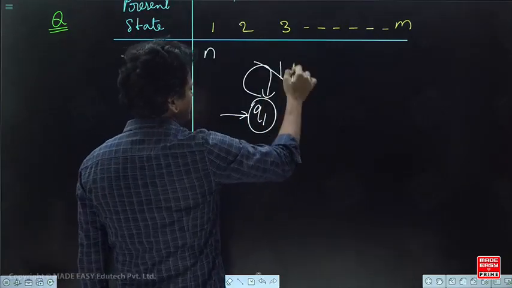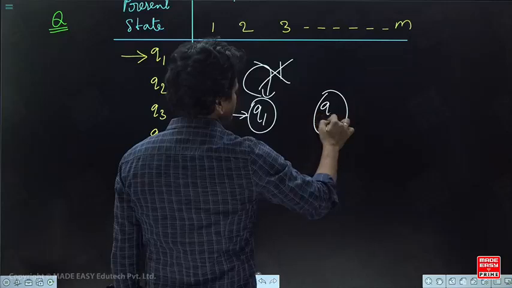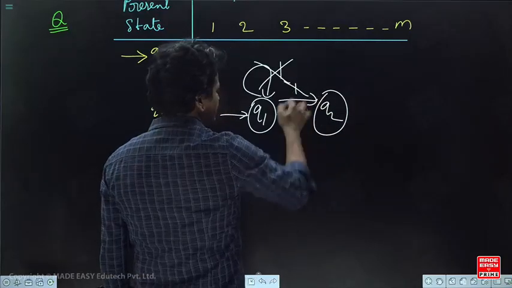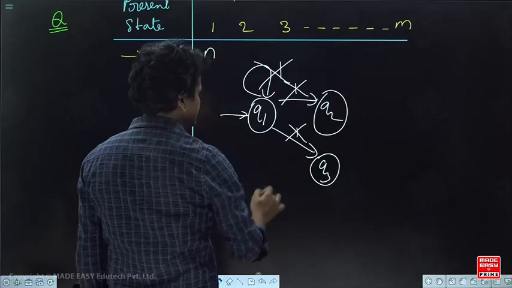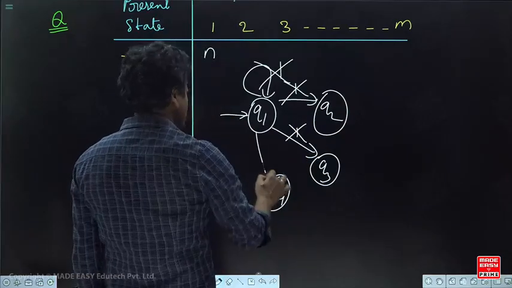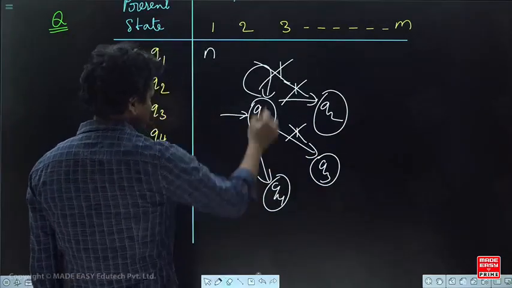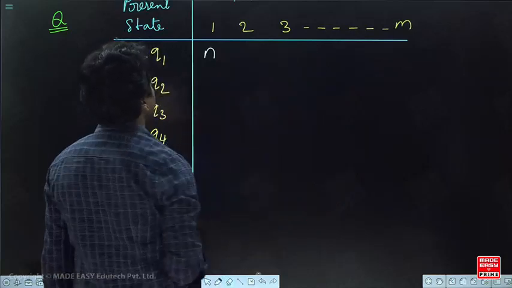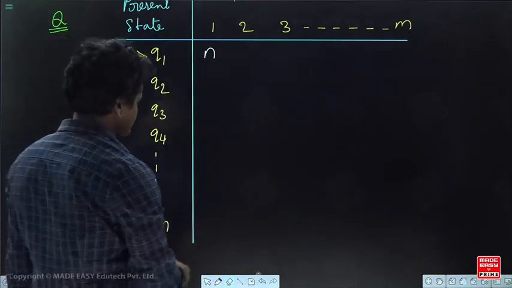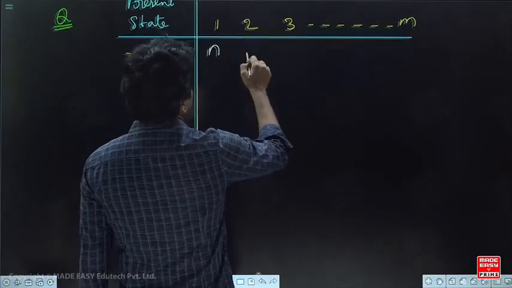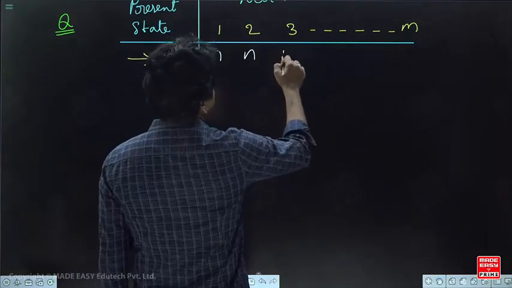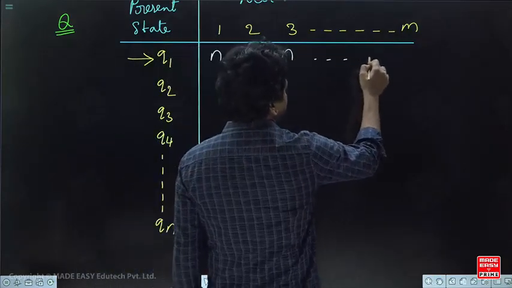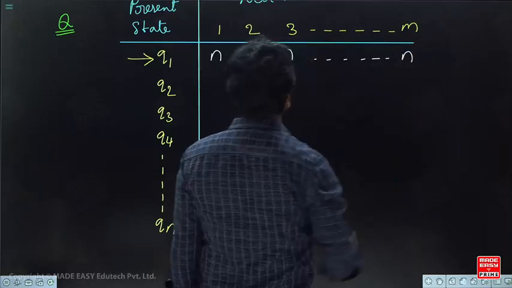I can go to Q1, otherwise Q2, otherwise Q3, otherwise Q4. So Q1 on 1 has n different ways. Q1 on 2, n ways. Q1 on 3, n ways. So Q1 on m also has n ways.